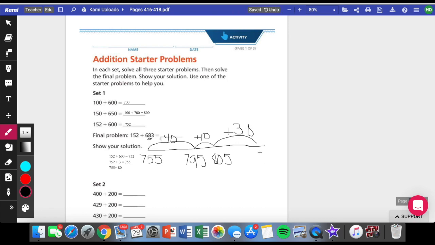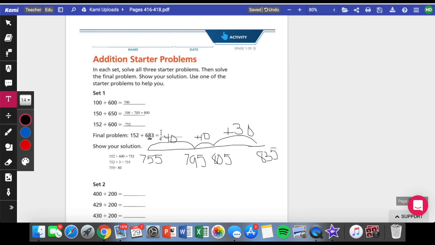So 805 plus 30 would be 835. So my answer that I'm going to write right here is 835. So all I did is I used one of my starter problems to help me solve my final problem. But I need to solve all of them first and then think about which one is going to be easiest for me to use.